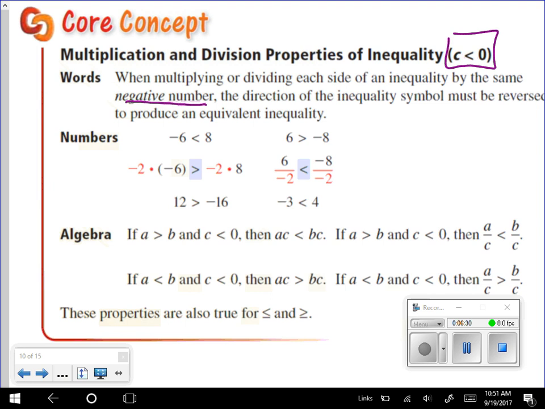If I multiplied both by negative 2, it would no longer be true if I kept the sign as less than. So anytime we multiply or divide by a negative number, we must switch the sign.